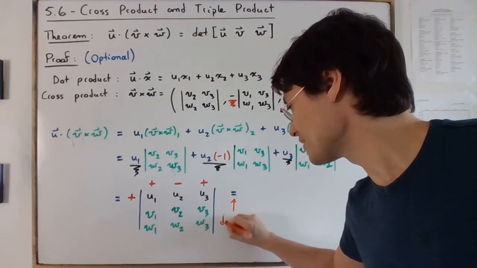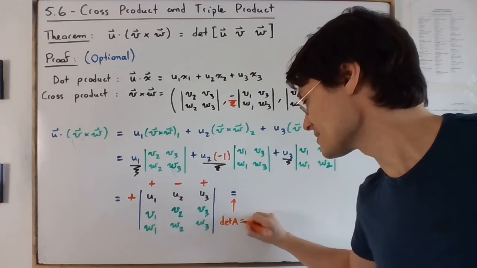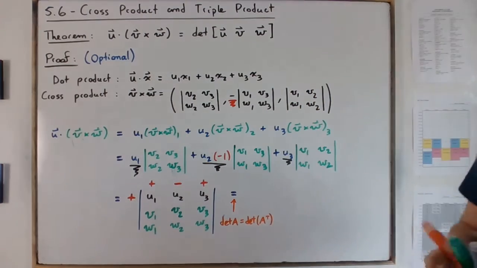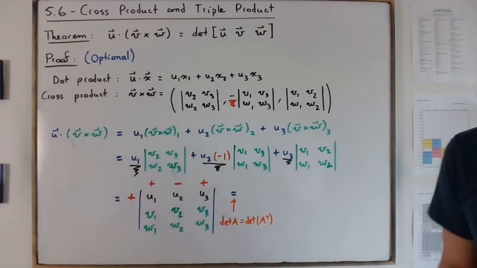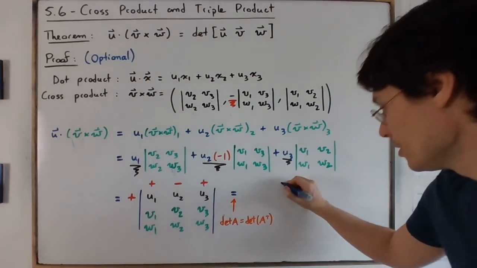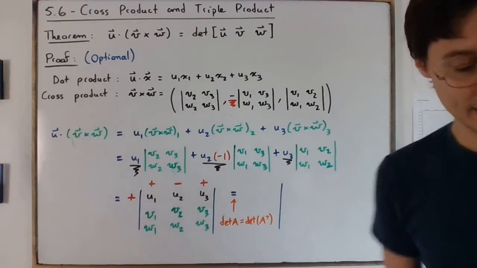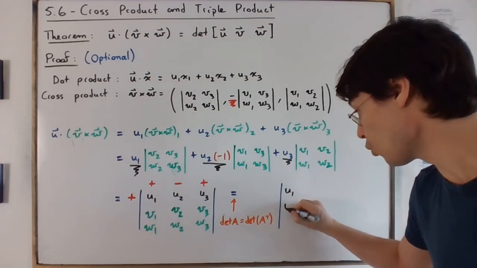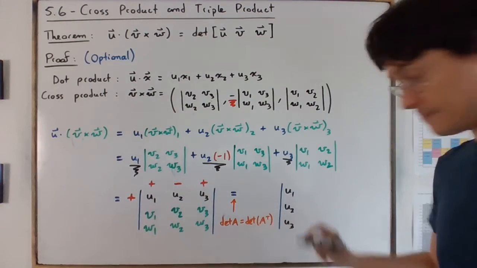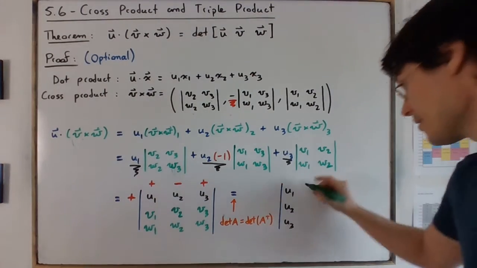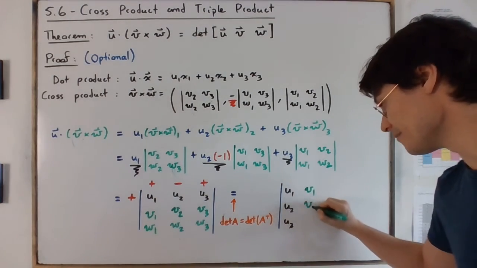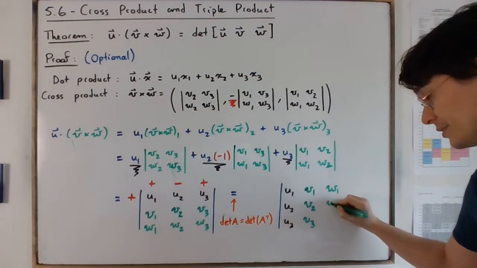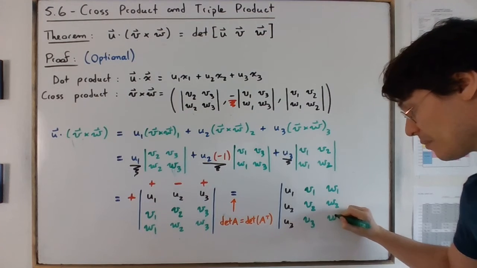We know that the determinant of A is the same as the determinant of A transpose, which allows us to literally write the 3 by 3 determinant using our vectors as columns instead of rows. So u1, u2, u3, and then here v1, v2, v3, w1, w2, and w3.